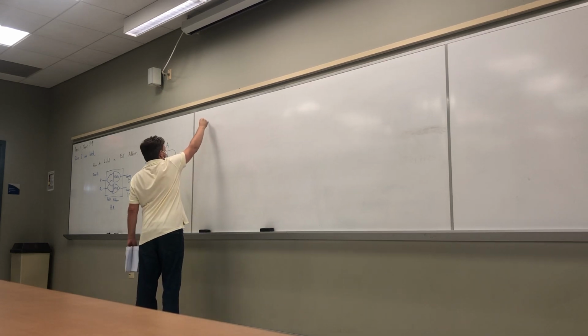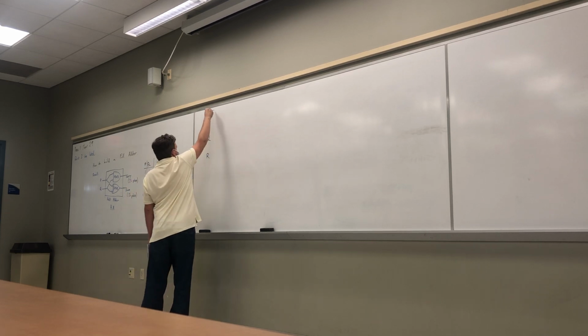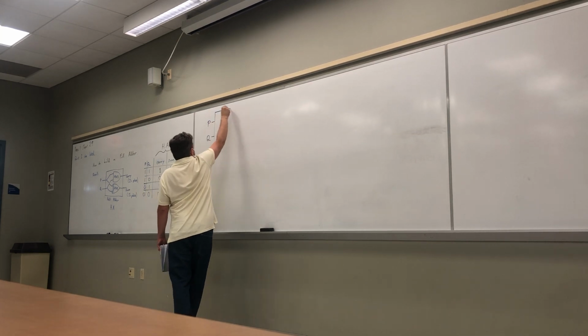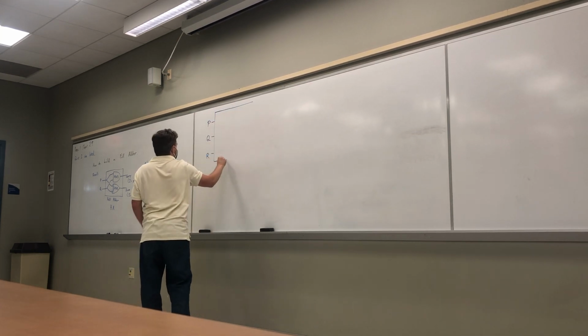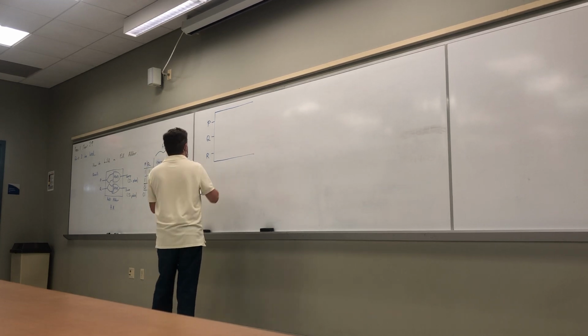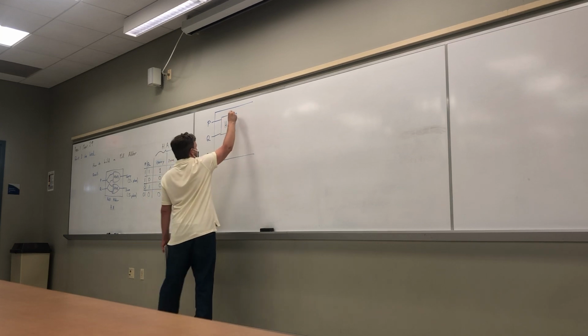A full adder takes in 3 inputs, P, Q, and R. So it does half adder on both pairs. P and Q get added together with the half adder.